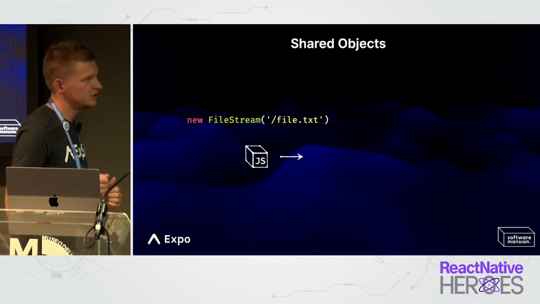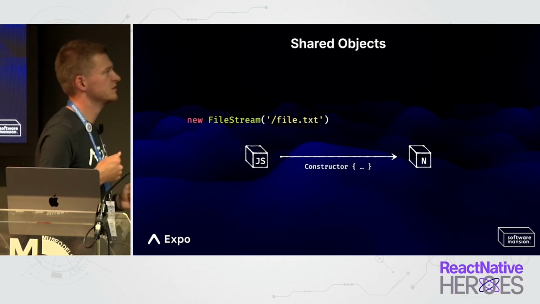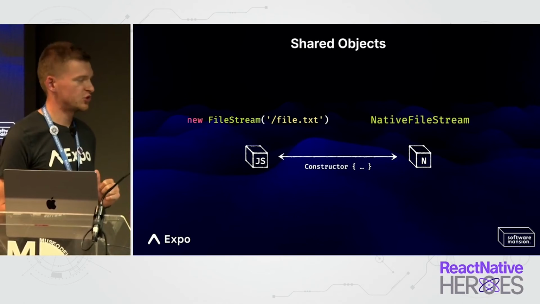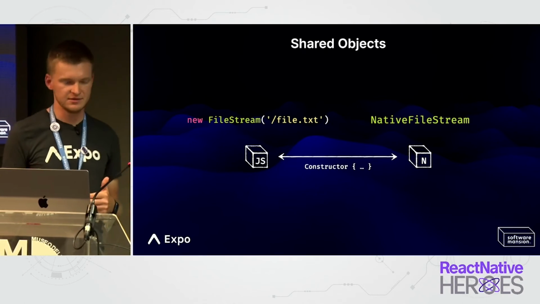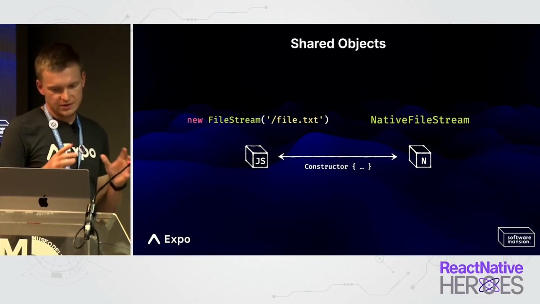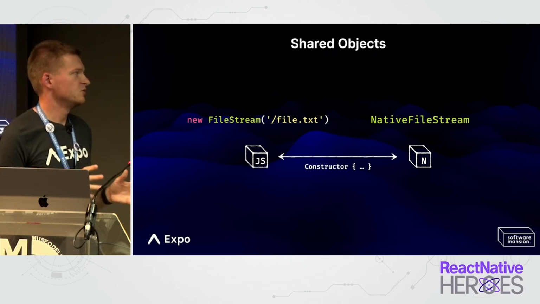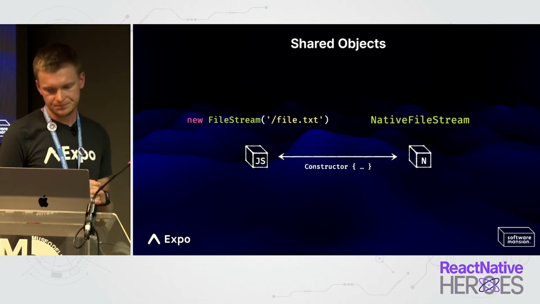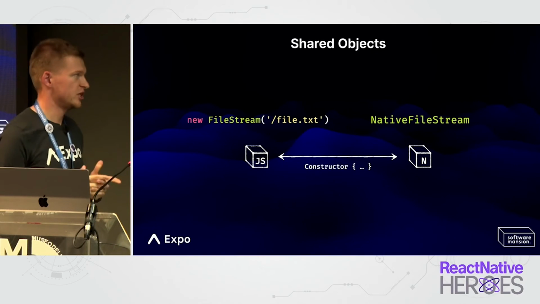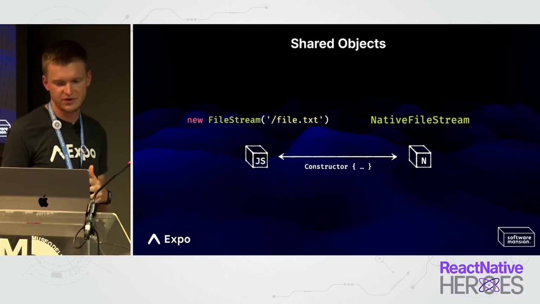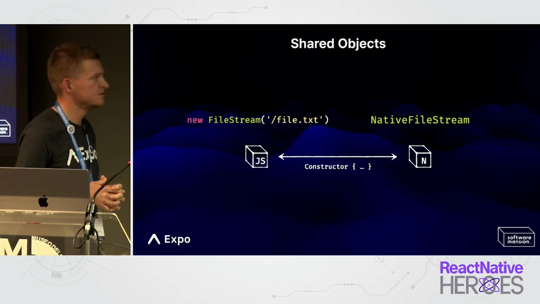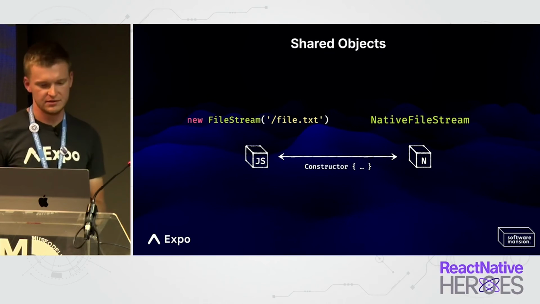Each time we initialize this JS object, the native implementation of the constructor returns an instance of the native object, so those objects are associated with each other. And whenever you pass this JS object to another native function, you will get an instance of its associated native class.